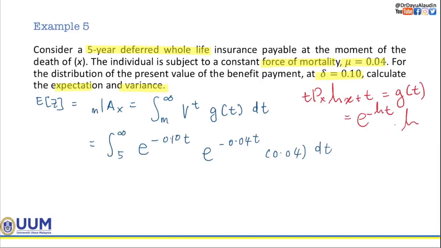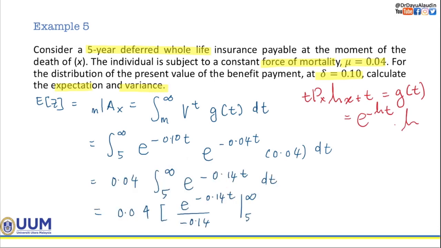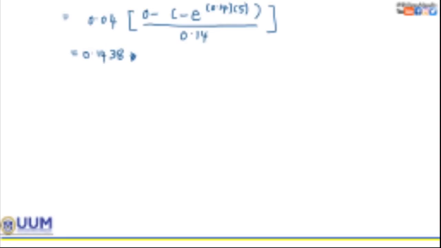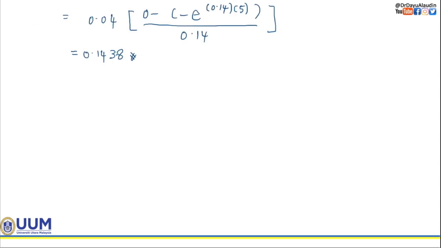We substitute the values inside: this is e to the negative delta t, and this is mu, since mu is constant. Then we solve the integration, and finally we get 0.1438.